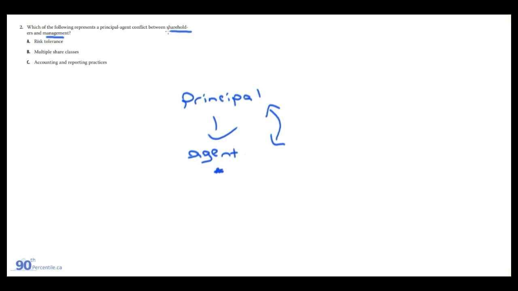In this case, between shareholders and management, the principals are the shareholders, who effectively, not really hire, but have the company's management acting on their behalf, right? They're shareholders of the company. Management should have maximizing shareholder return at the top of their mind.